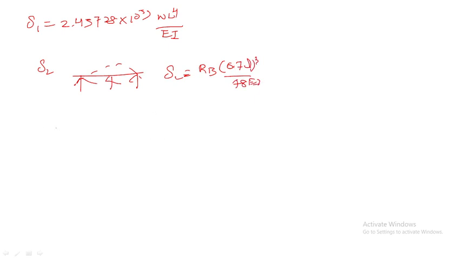Now using delta 1 and delta 2, the compatibility equation is delta 1 minus delta 2 equals 0. Now you can calculate RA and RC. RA equals RC equals 0.3295 WL.